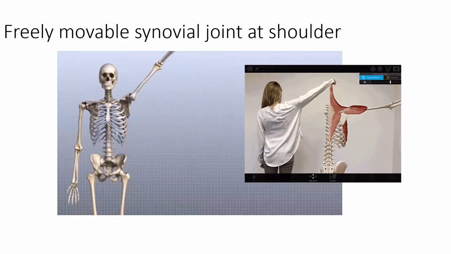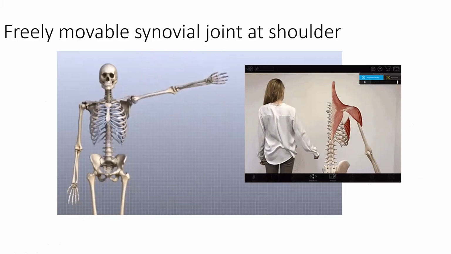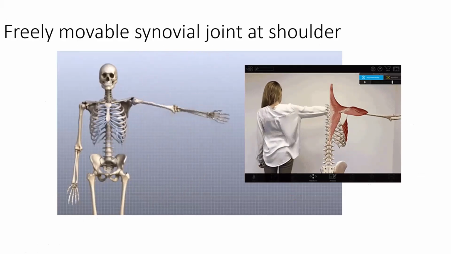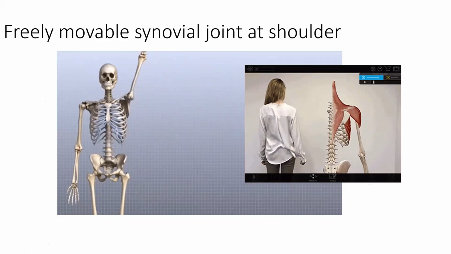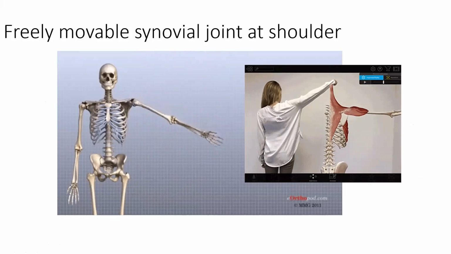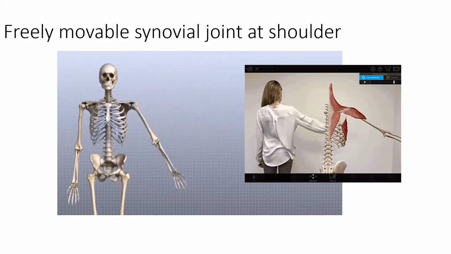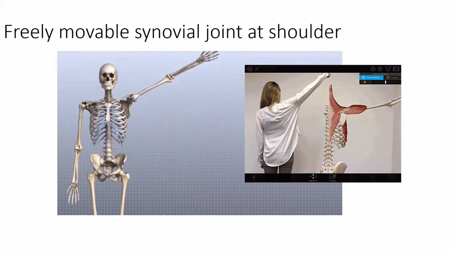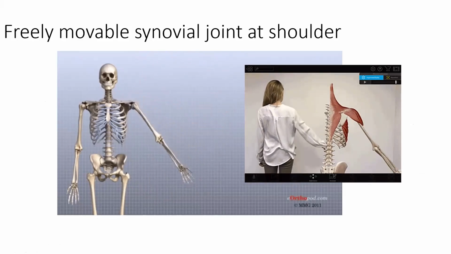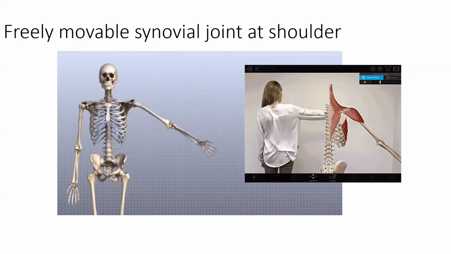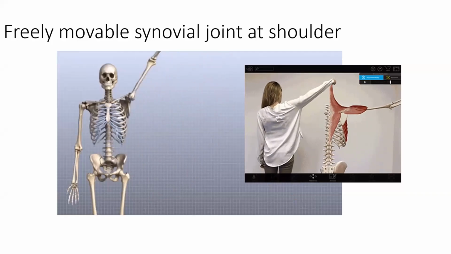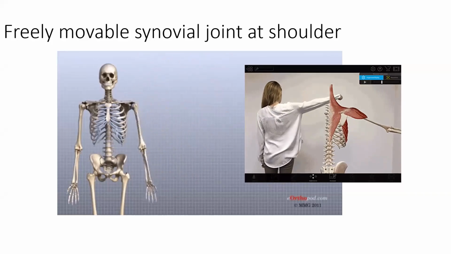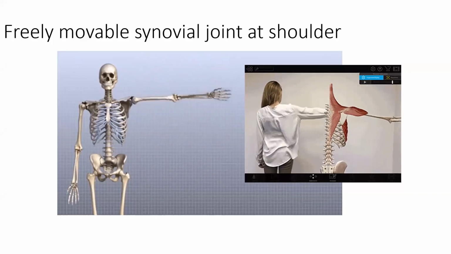Now, this is a synovial joint at the shoulder. This is a very complicated joint, but we can do great things. We can rotate our arm around the shoulder almost a full 360 degrees. That joint capsule is very large because it has to surround the head of the humerus and a portion of the scapula and a portion of the clavicle to give us this range of flexibility.